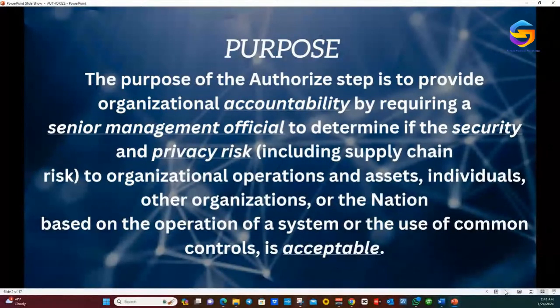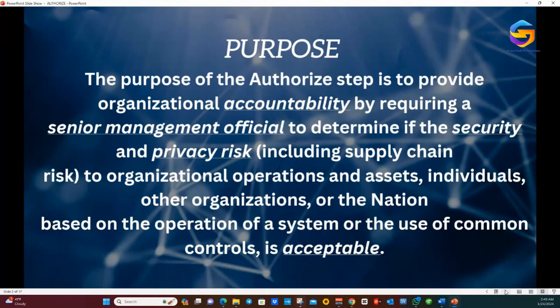If you look at this purpose, what stands out is that it requires a senior management official, which is the authorizing official, because the authorizing official has the sole responsibility to accept or deny risks. Again, the AO has the sole responsibility to accept the system to operate or to deny it.